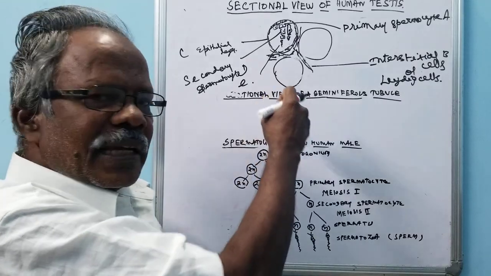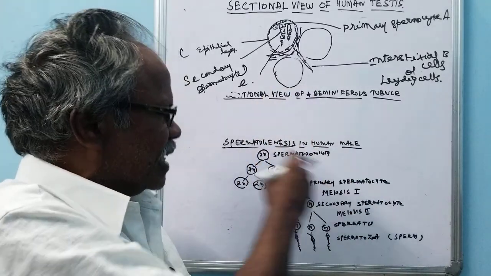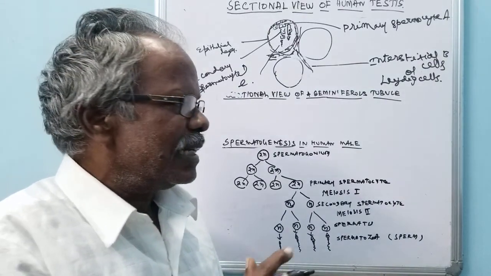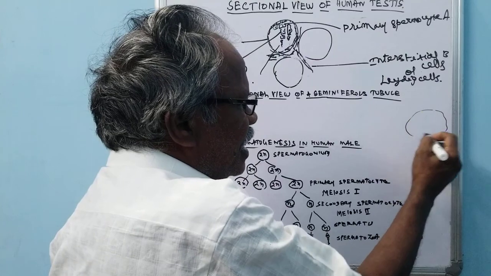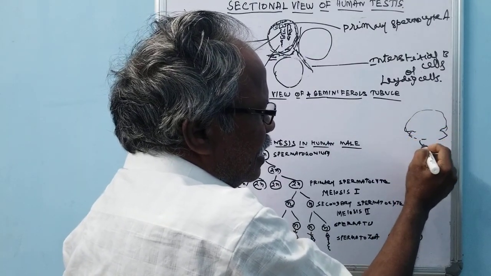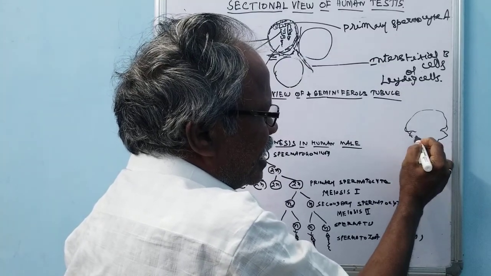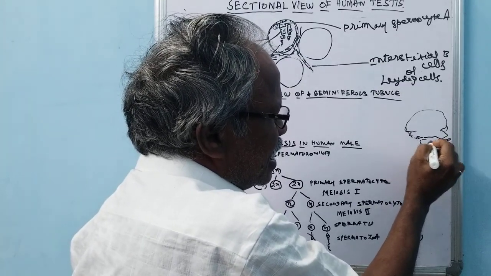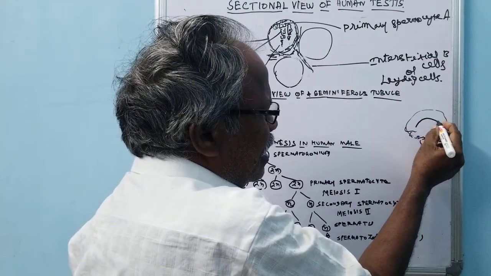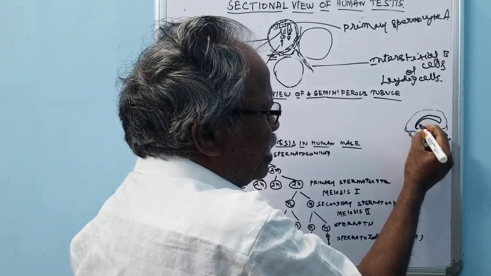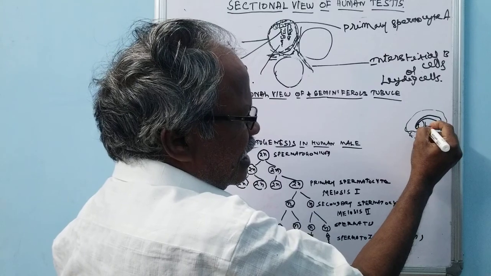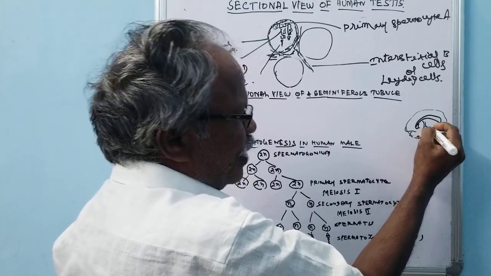Now how the sperm is actually produced, we are going to see. It is because of the gonadotropic hormone. In the brain we can see the cerebral hemisphere, the cerebellum, and the medulla oblongata. Inside the cerebral hemisphere we can see the hypothalamus region, which leads to the pituitary gland.